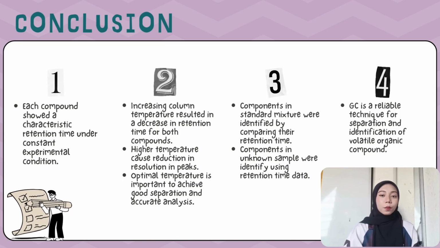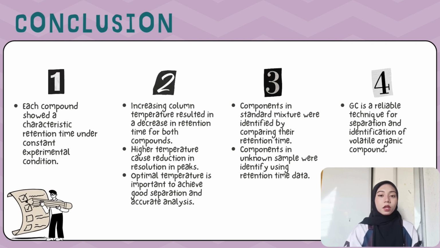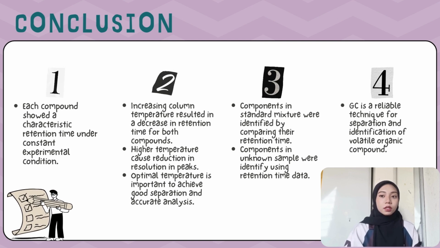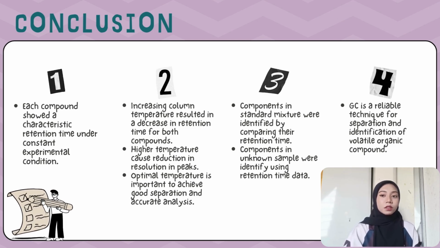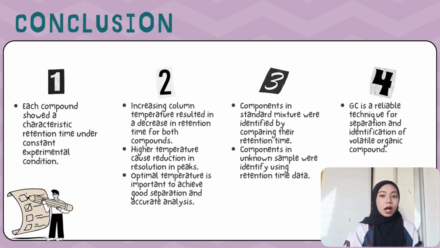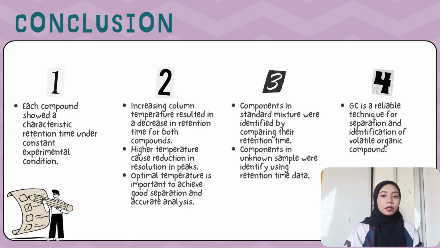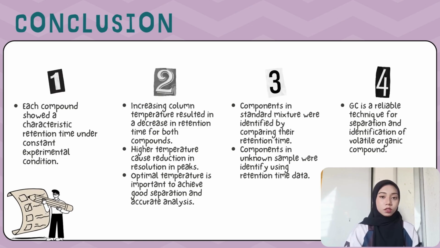The effect of temperature on retention time and resolution was also observed. As the column temperature increased, the retention time of both compounds decreased due to faster vapor movement through the column. However, higher temperature led to reduced resolution, highlighting the need for optimal temperature selection to achieve good separation.